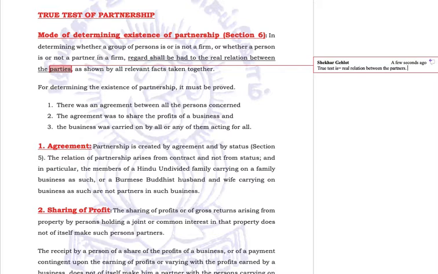You may have agreed to anything, you may have written anything, but whether you are really following it or not, what is the real relation between partners? That is the true determining factor, the true test of a partnership.